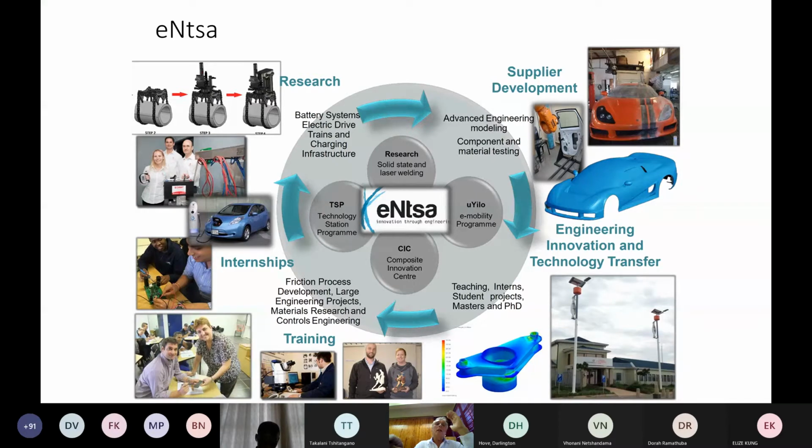They're looking at residual stresses in pipes, and one of their major innovations is friction stir welding, which is their IP, and they've got recognition from the American Institute of Engineers. Once you get that accreditation, you can actually take this IP anywhere in the world.